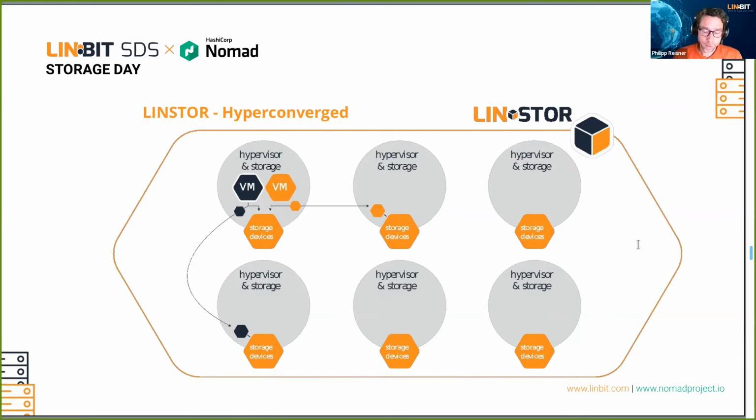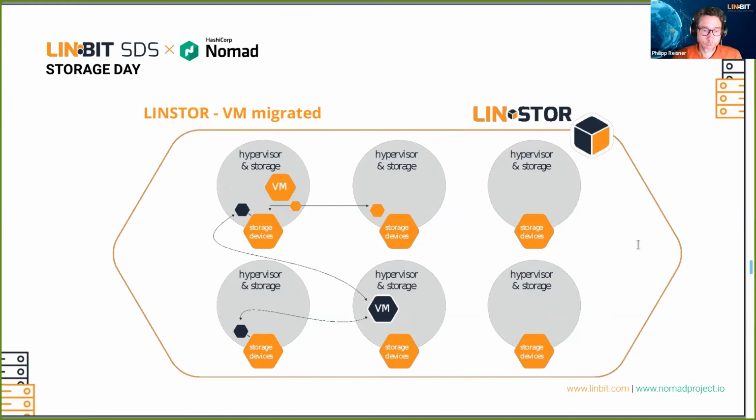Now, in case something is migrated, let's say this black workload is migrated to a node that doesn't have a replica of the volume, then DRBD will be in this diskless mode and read from the other nodes. We can live migrate the storage to where the workload is.